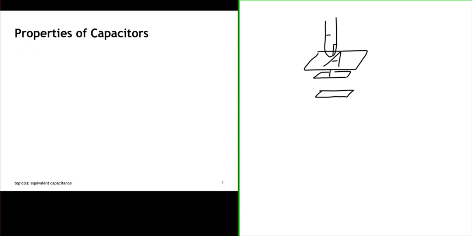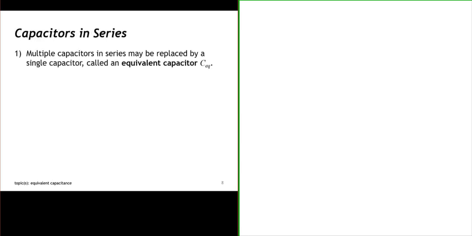So with that said, it's probably a good idea for us to study some of the properties of capacitors. The first thing you should know is that multiple capacitors in series may be replaced by a single capacitor, called an equivalent capacitor. So let's say we have a series of two capacitors here.